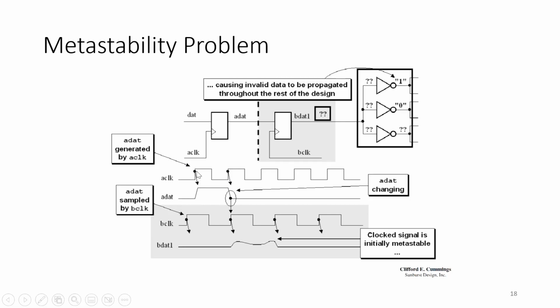I am going high with the rising edge, and I am going low with the next rising edge. This is the data that is feeding system 2.